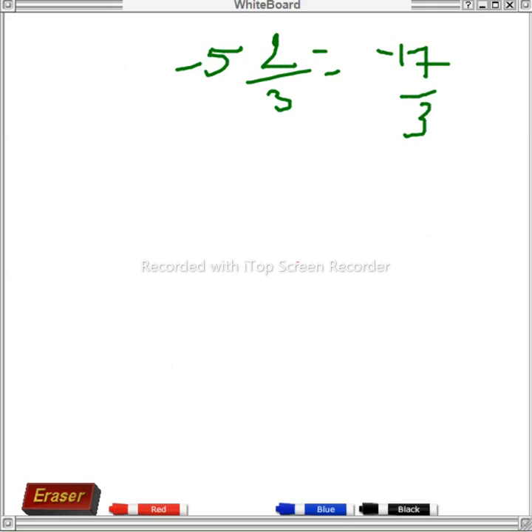So after multiplying, it comes like this. After that we will divide minus 17 by 3. Let us do it. 17 divided by 3 will be minus 5. Minus 5 times 3 is minus 15.